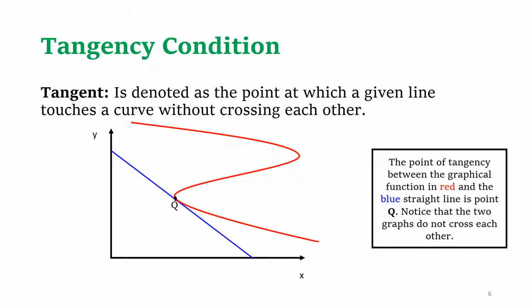And the budget line, as we shall see later on, is a straight line. And the indifference curve is convex to the origin, and the point where it touches the budget line is a point of equilibrium of the consumer.